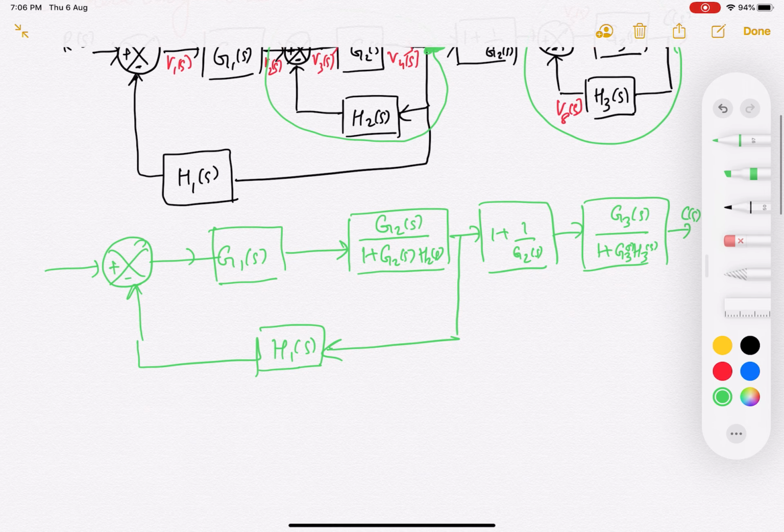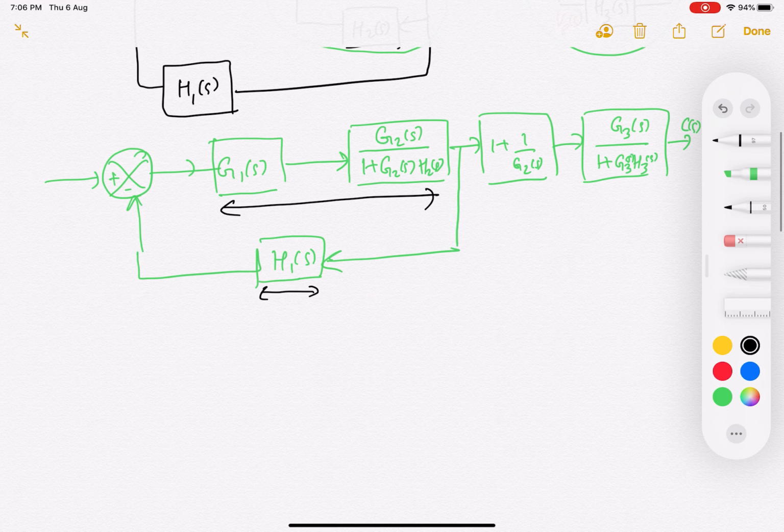Now you can further simplify this. These two are in cascade, and this is in the feedback path for the two. So I'll drop the bracketed s in order to make it look simpler. What I get in the forward path here is G1G2 divided by 1 plus G2H2, and then I have a feedback loop with H1 in the feedback path.